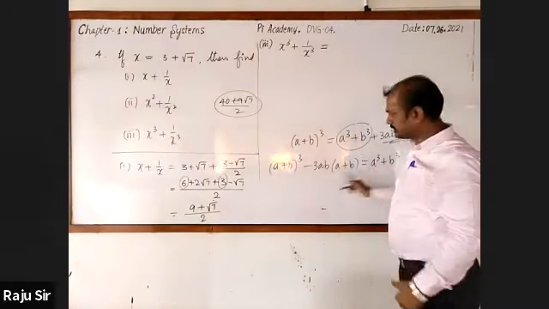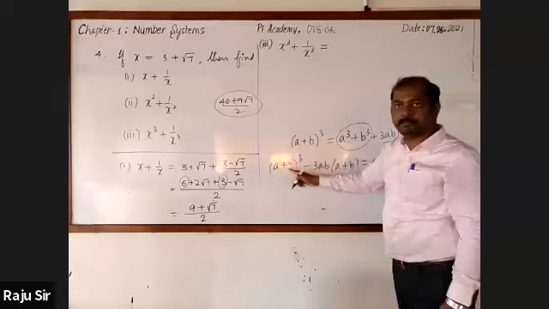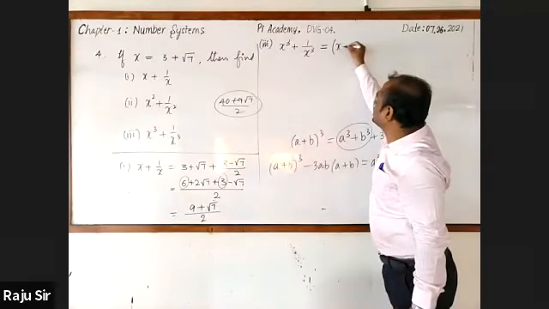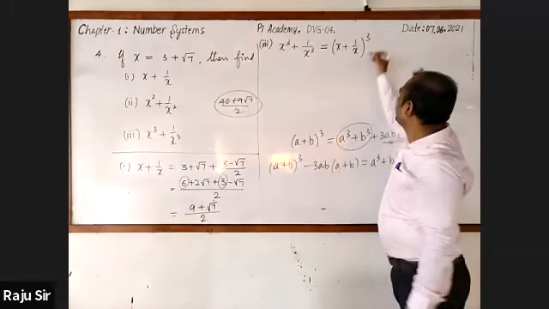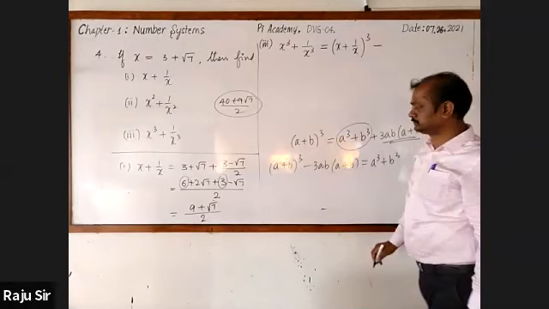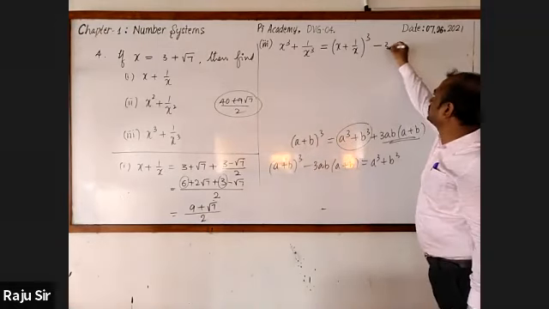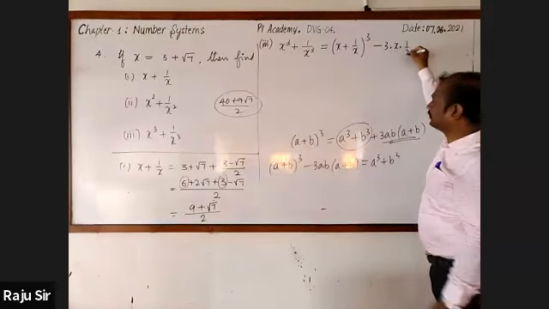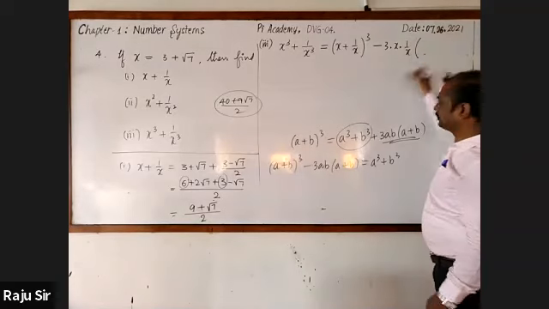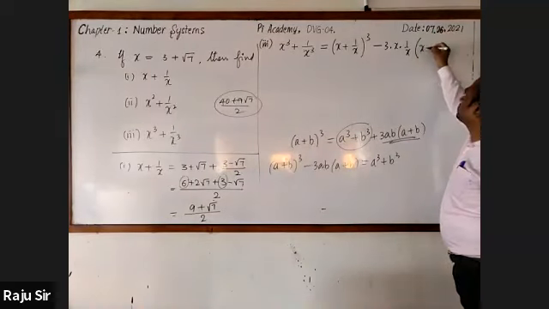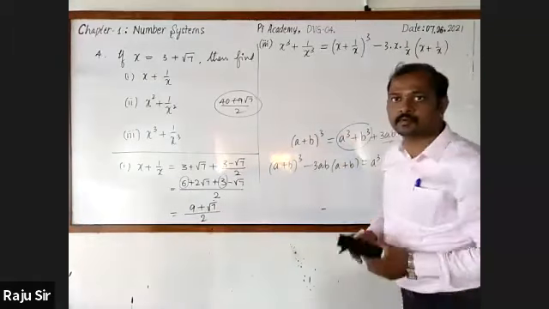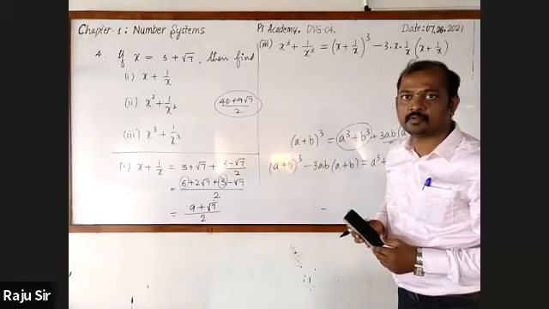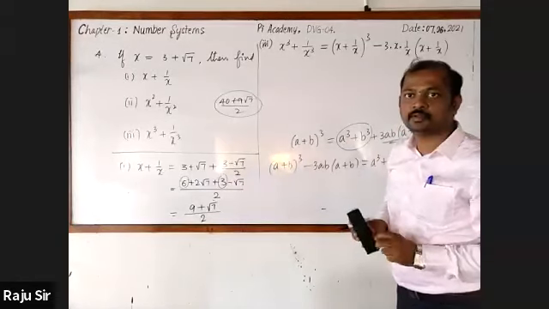A cube plus b cube is a plus b whole cube, that is x plus 1 by x whole cube, minus 3ab, 3 into x into 1 by x, into a plus b, x plus 1 by x. Got it? Followed? Yes, sir.